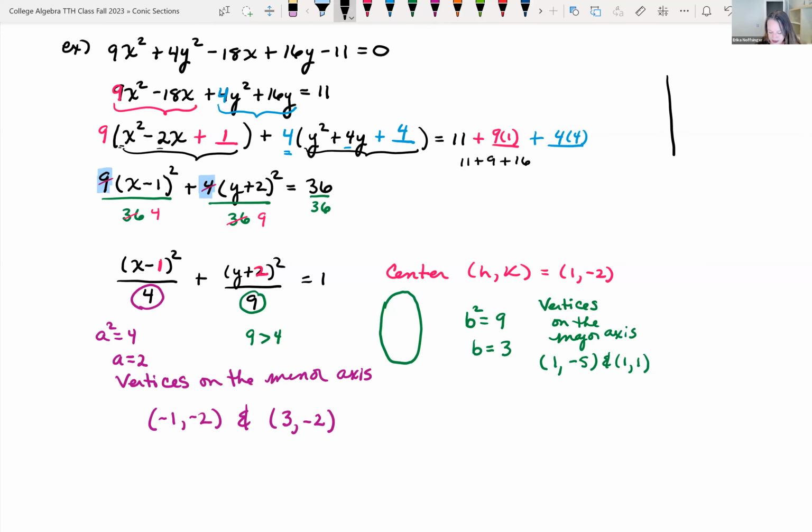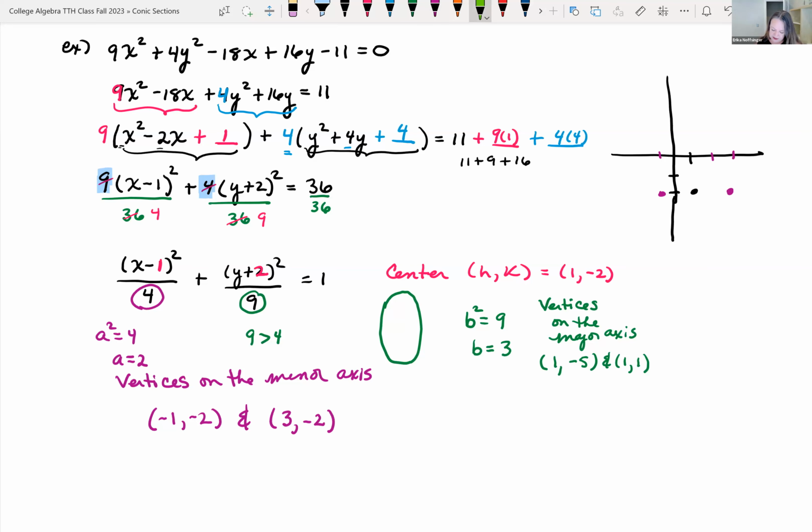So let's plot what we have. We have a center at 1, -2. Plotting our vertices, we have a vertex at -1, -2, at 3, -2.